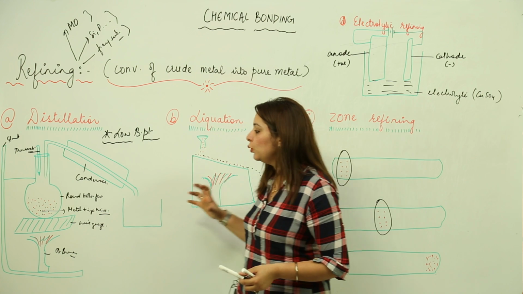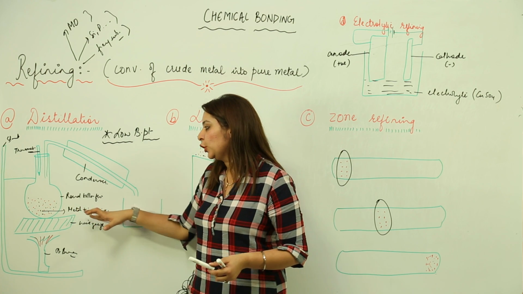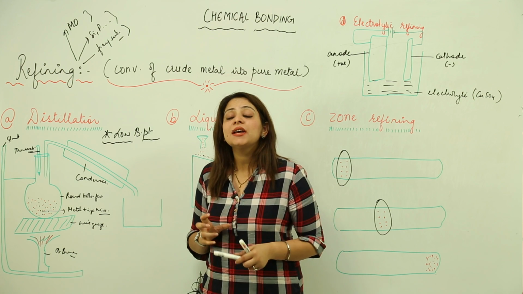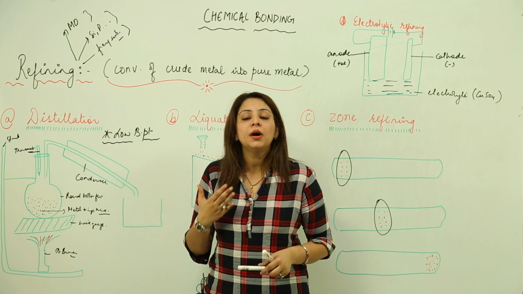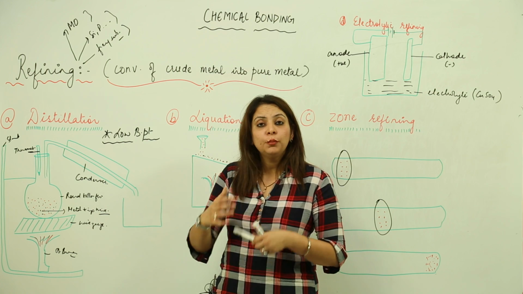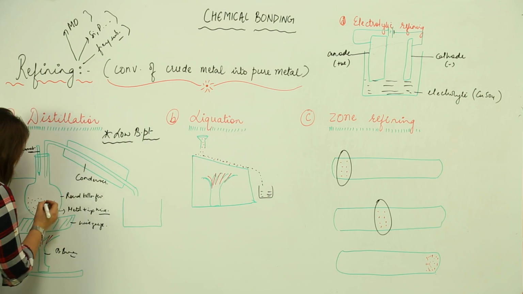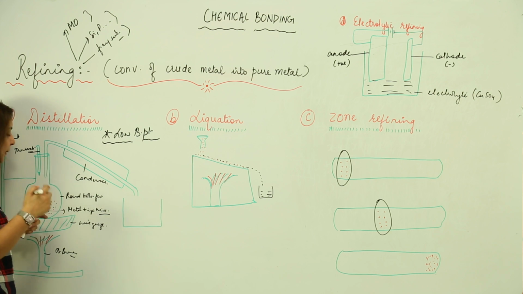So what I am going to do is take the metal and impurity mixture in this flask and heat it. As our metal possesses a low boiling point, it will boil at the lower temperature. Let's say that this black one is our metal, and the red one is the impurities.